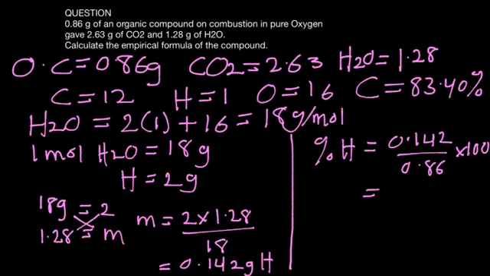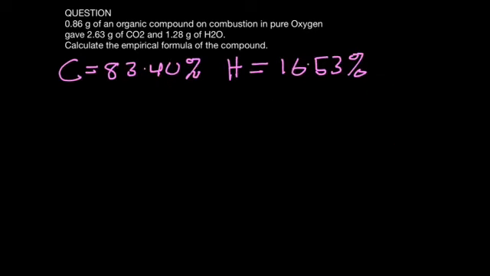If we go ahead and punch that, we will have 16.53%. So by the end of the quantitative analysis, it has been found that carbon contains 83.40% and hydrogen 16.53%.